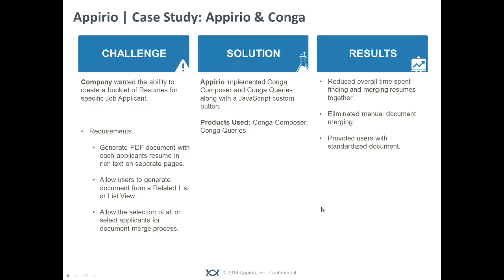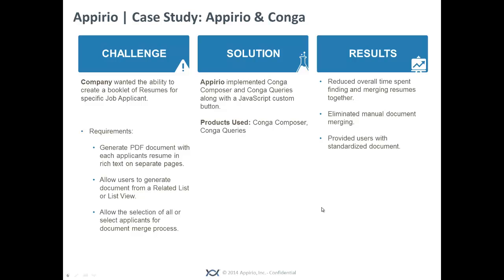So the results here are that we're reducing their time and effort to not only find but also merge these resumes together. We eliminated the manual document merging, keeping them from having to do it themselves. And it also standardized the booklet of resumes that they were putting together.